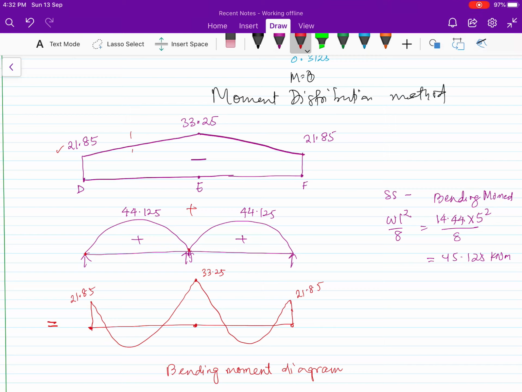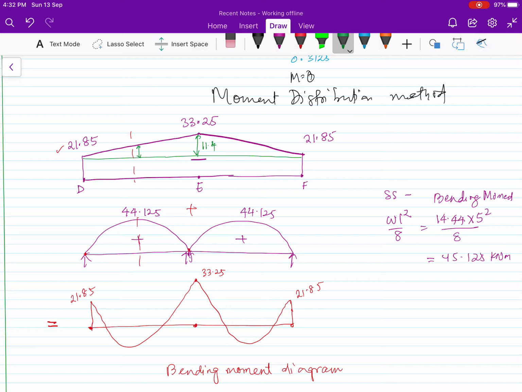So at the center, if I take the positive moment, you have 44.125, and what will be the value here if I put like this? So this value is 33.25 minus 21.85, 11.4. So at the center means half of this will come.